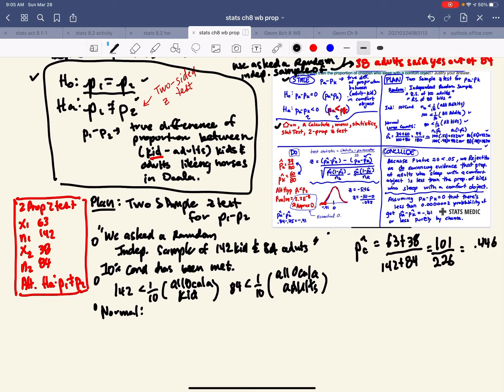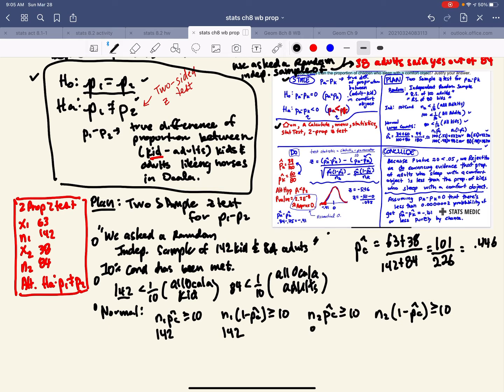I have to make sure that n1 times p combined is greater than or equal to 10, and n1 times 1 minus p combined is greater than or equal to 10, and the same for the second group, p combined and my second population. So let's see what we get here. In my first group, we talked to 142, right?